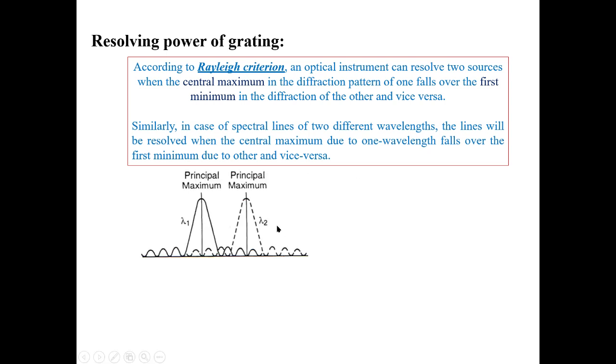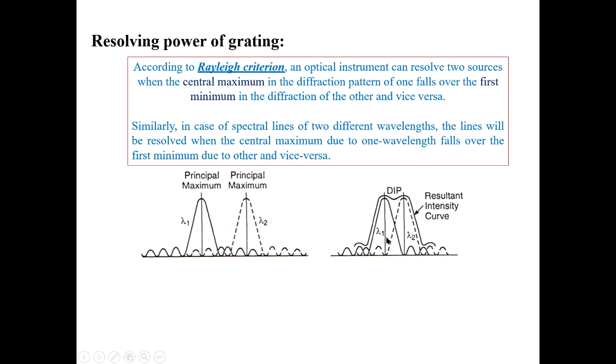In this example, suppose these are two different wavelengths, lambda 1 and lambda 2. If the difference between lambda 1 and lambda 2 is large enough, then the principal maxima by both will be separated fairly, and we can distinguish between the principal maxima of lambda 1 and lambda 2.